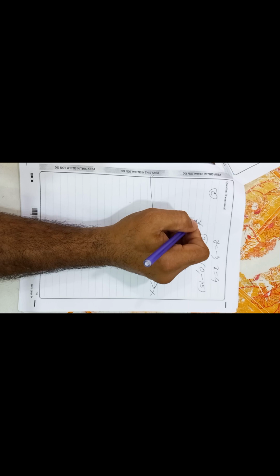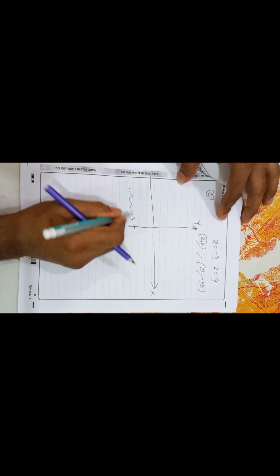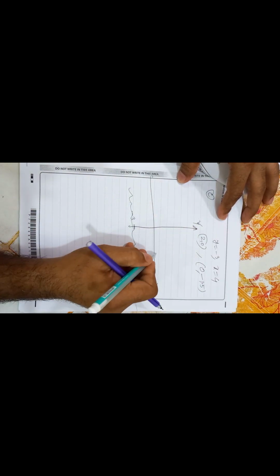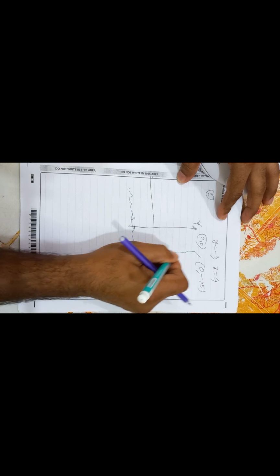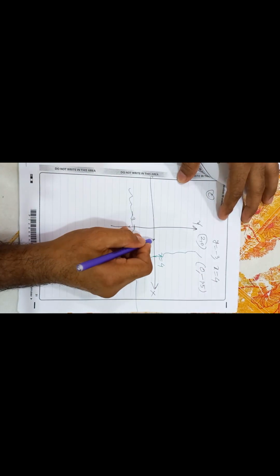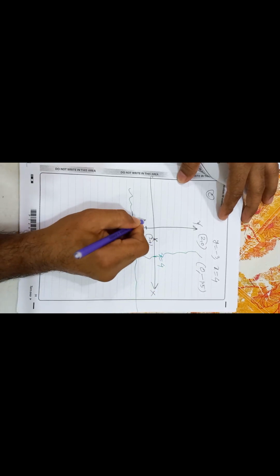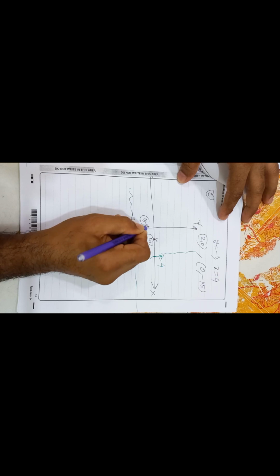First you write the asymptote equations. One is y equal to negative 3. This is an asymptote. Another is x equal to 4. This is also an asymptote. Here is 2 comma 0, and here is 0 comma negative 1.5.